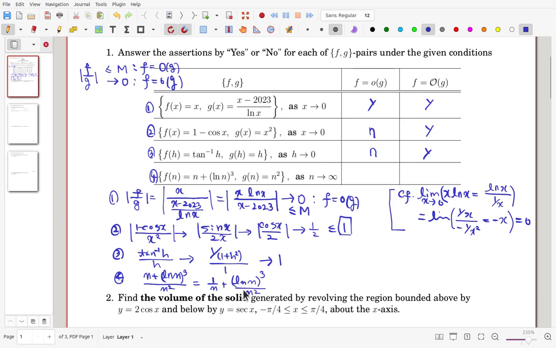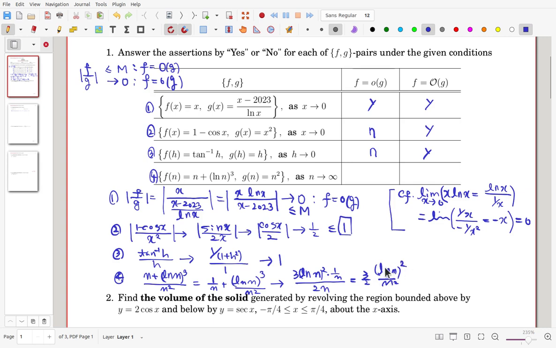Now the bottom and top simultaneously equal infinity, so you may take L'Hopital's rule, but the first term is approaching 0. For the other one, it is the same as 3 (logarithm n) squared times 1 over n on top, and the bottom is the same as 2n, so it is the same as 3 over 2 times (logarithm n) squared over n squared.